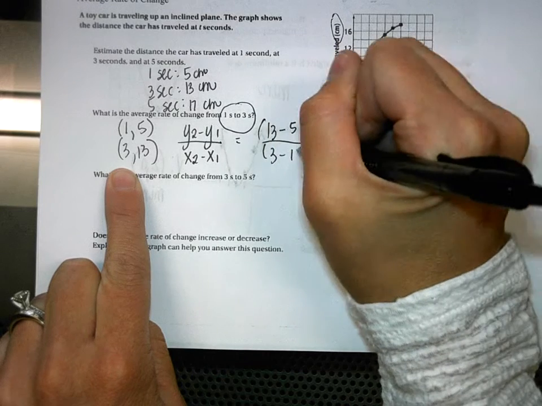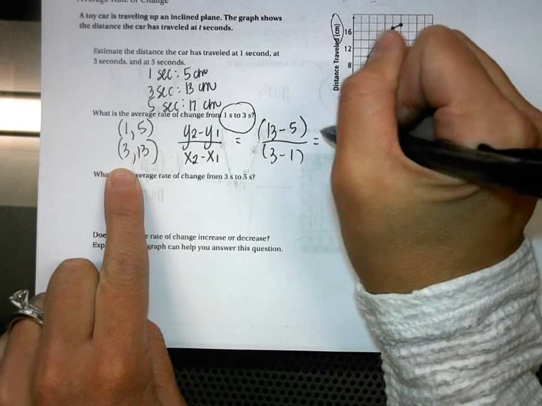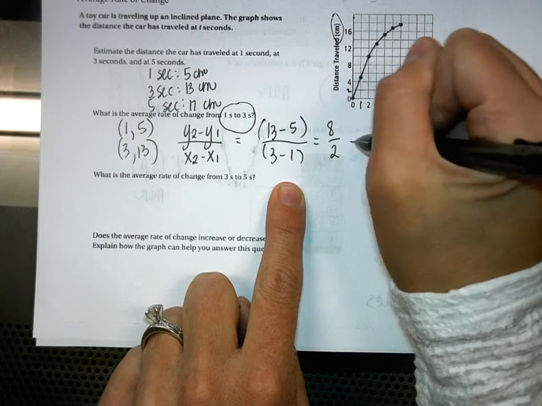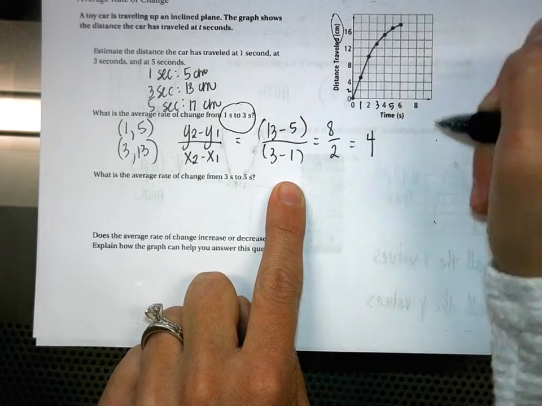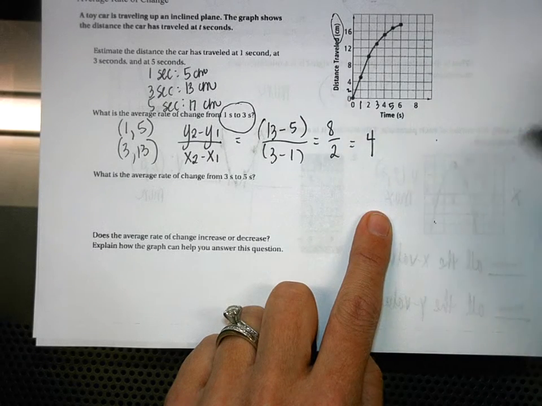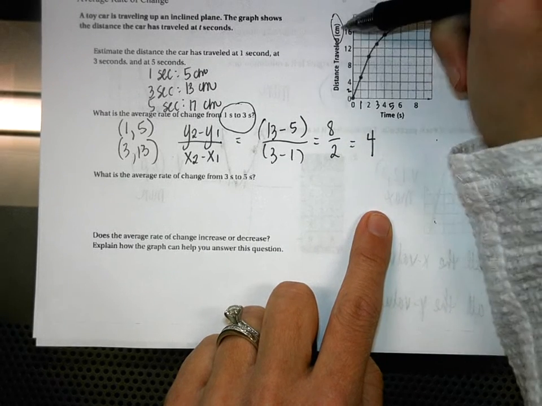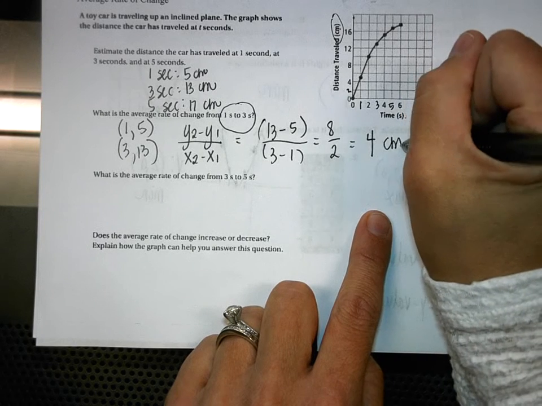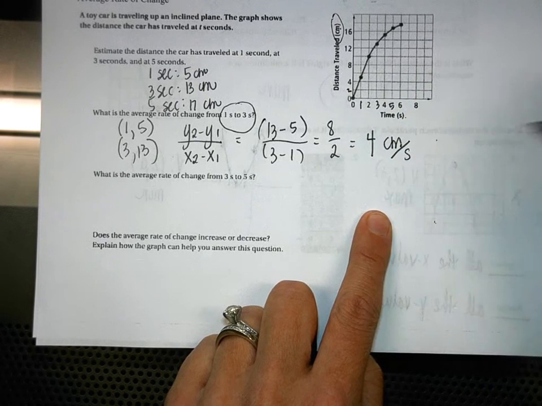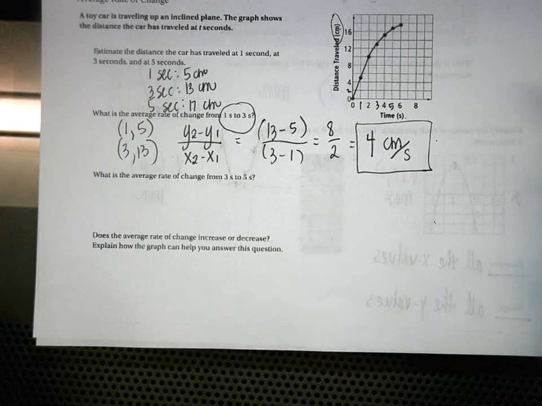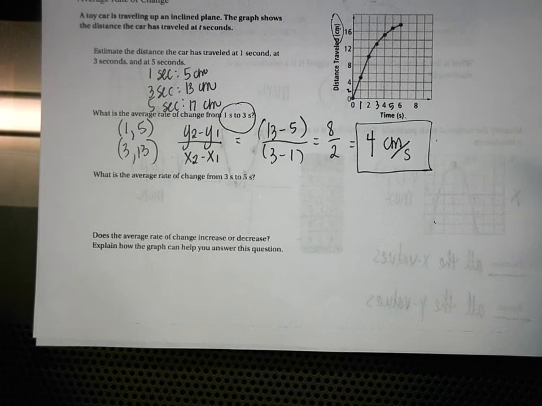So 13 minus 5 is 8. 3 minus 1 is 2. And so I end up getting 4. And we're dividing numbers, which we have to also divide the units. And so it's y over x. So that means it's 4 centimeters per second. That is the average rate of change. That's what's happening there from those two numbers.